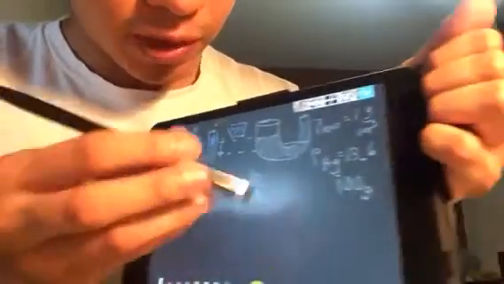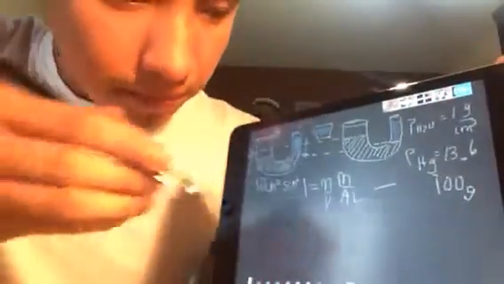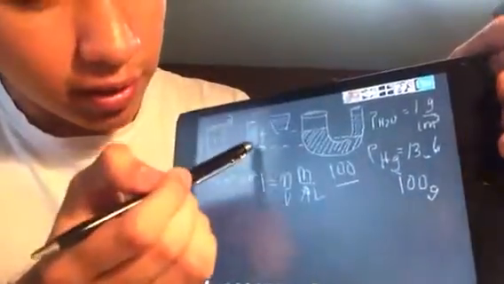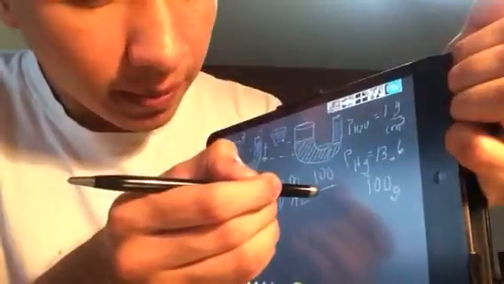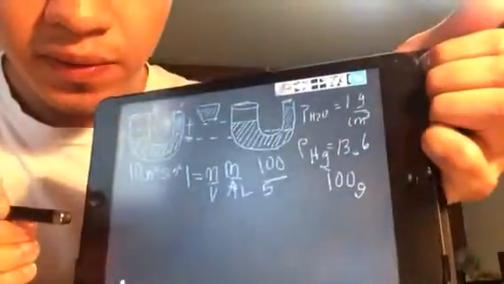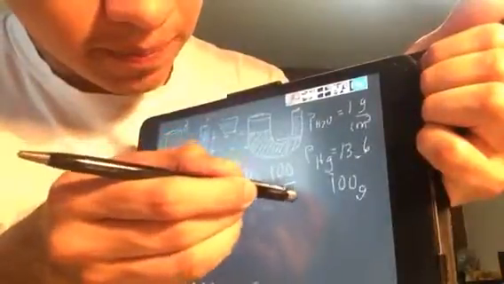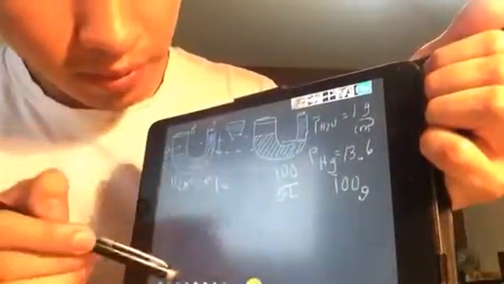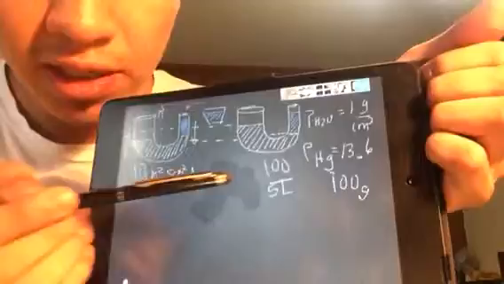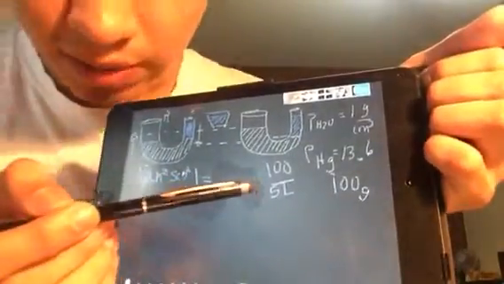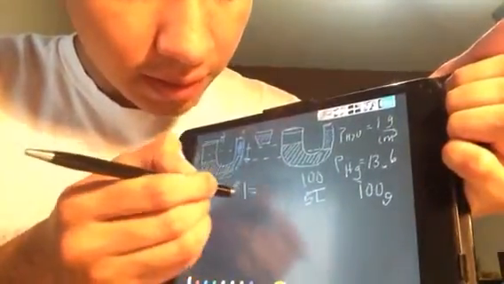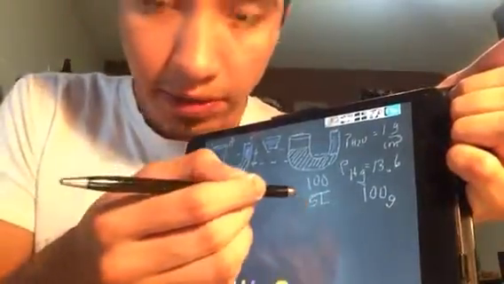So we know the mass, that is going to be 100, over our area where the water is going to be added, that is this part, that is 5 centimeters square, over 5 times L. So if 1 is equal to 100 over 5L, we can pass L to the other side, and then the 1 we can pass dividing this part here.